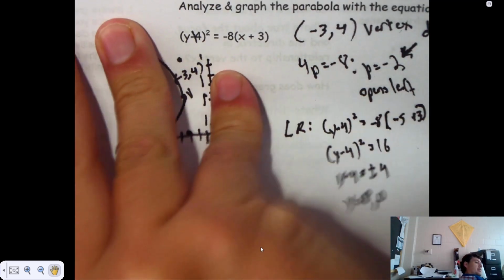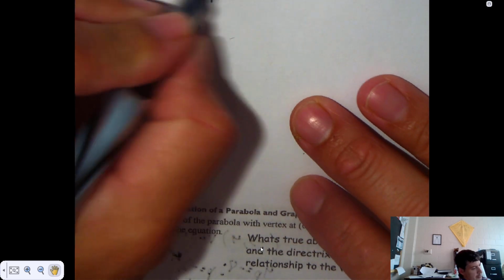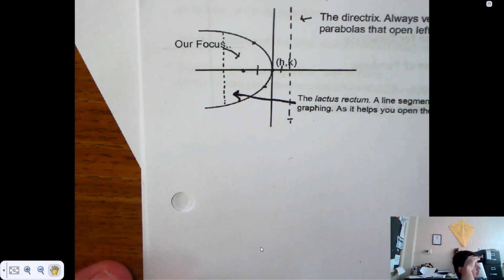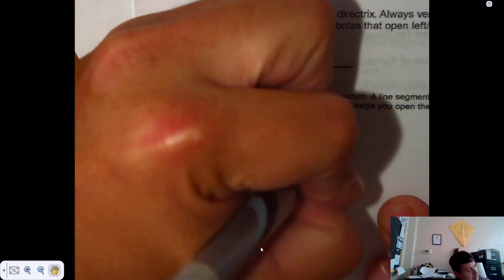Might have to add a little bit to our notes on that. It goes back to this front page. That drawn-in segment is called the latus rectum. It's a segment that passes through the focus.